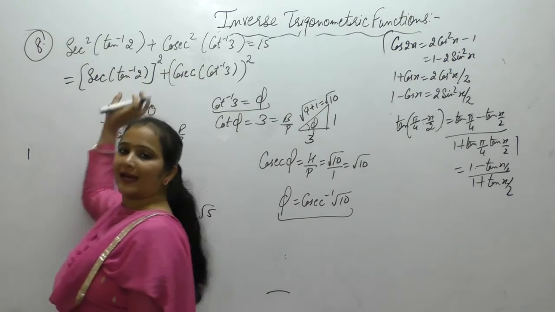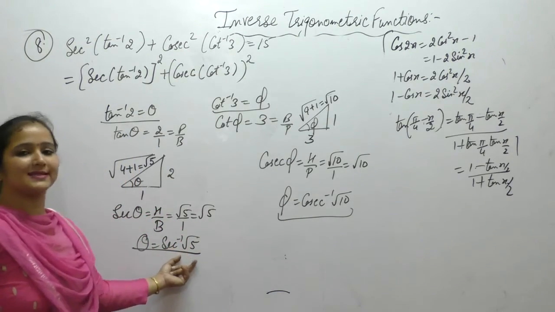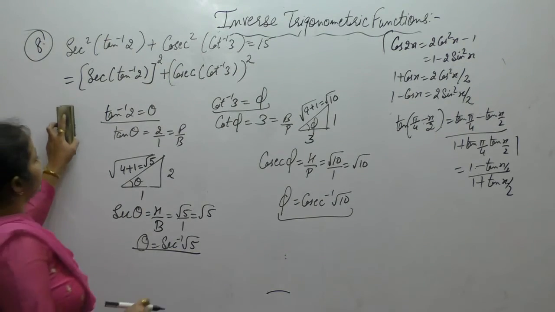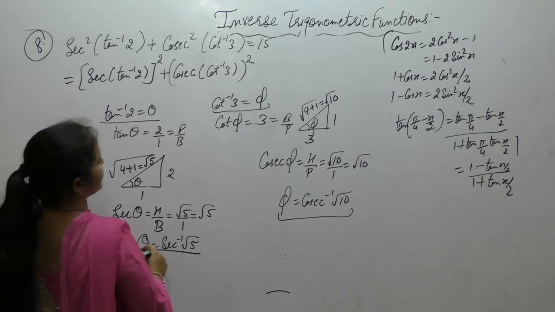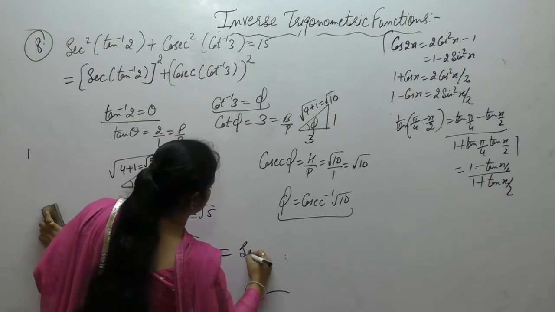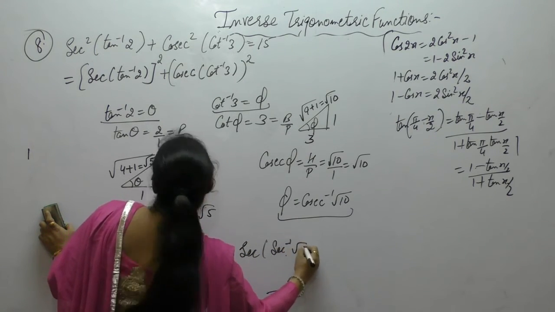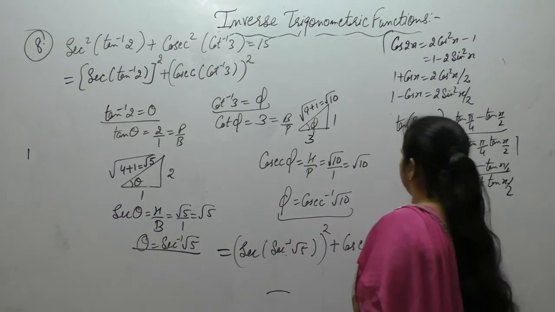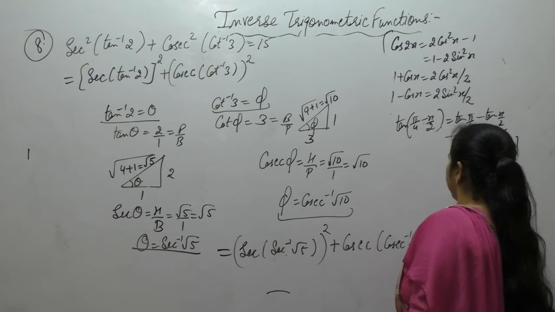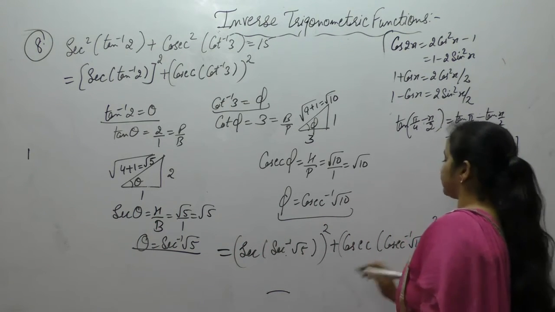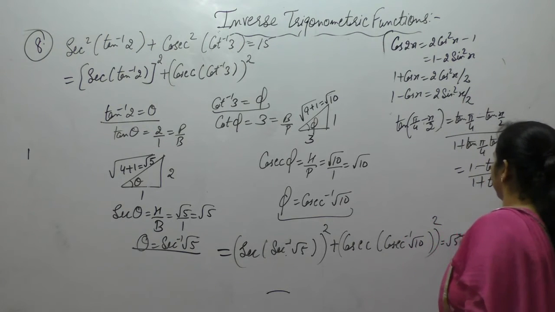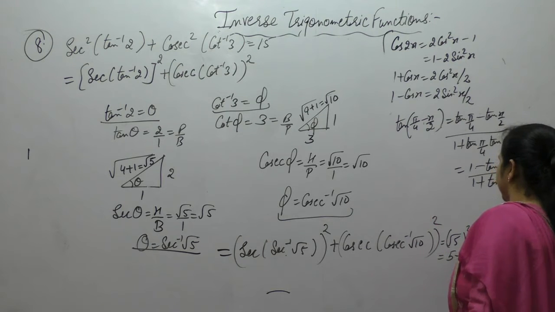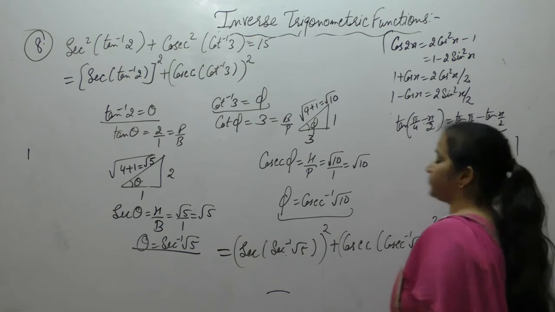So instead of tan inverse 2, put here sec inverse root 5. In the next step, write it as sec of sec inverse root 5 square plus cosec of cosec inverse root 10 square. So we can write it as root 5 square plus root 10 square, so 5 plus 10, that is equal to 15.